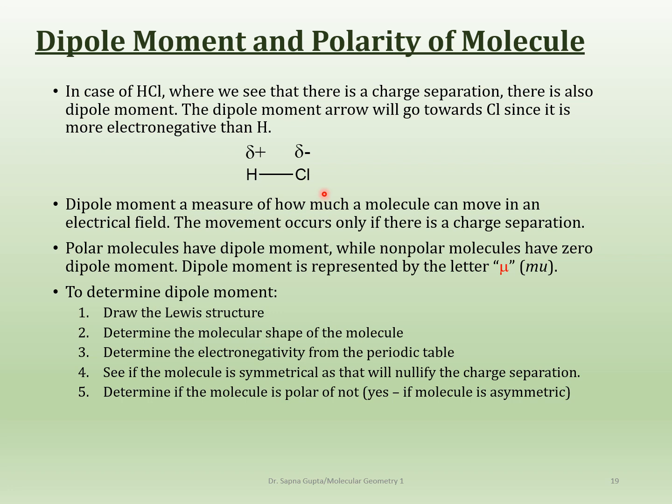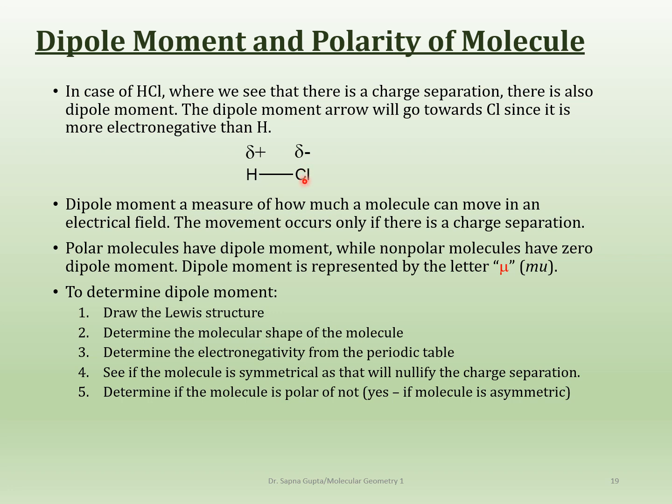Now I'm going to introduce one more term here for you, which is called dipole moment. Dipole moment is a measure of how much a molecule can move in an electric field. It's the negative charges that move in an electric field. Remember that electrons conduct electricity, which means you need to have partial negatives in there.